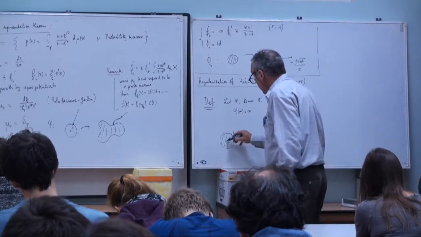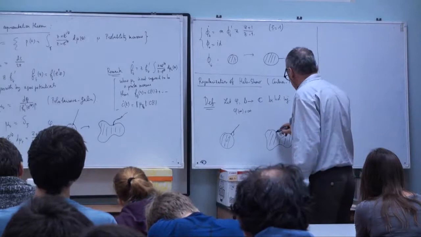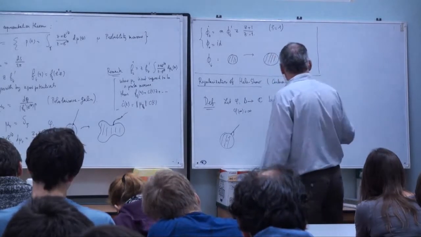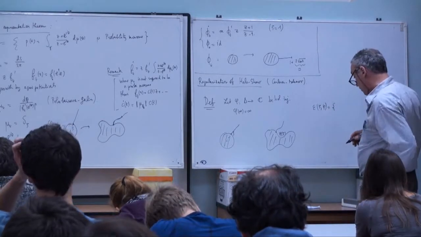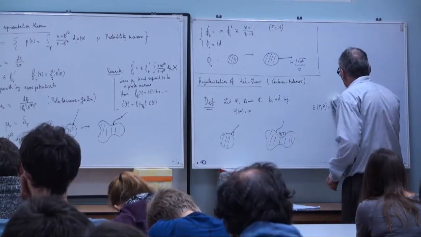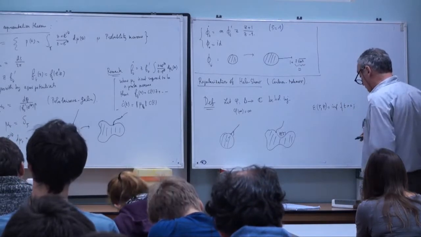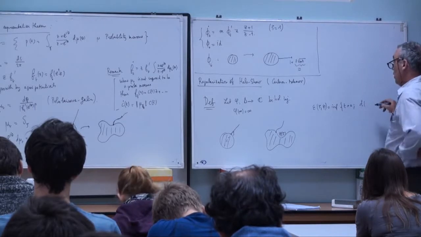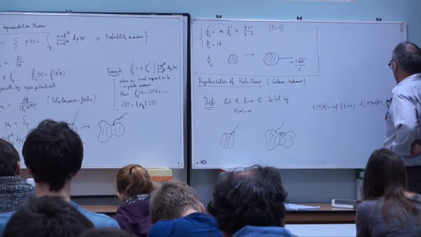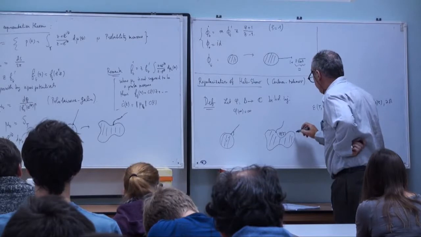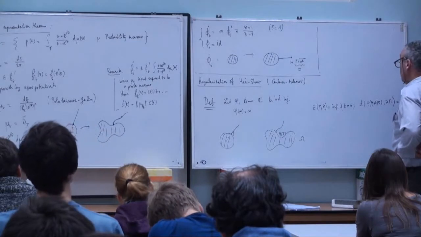And now start an external ray here, and this goes to an external ray here, and we define epsilon of zeta, phi as being the infimum of t positive such that the distance from phi of 1 plus t zeta to the boundary of omega, where omega is the exterior, is equal to delta.